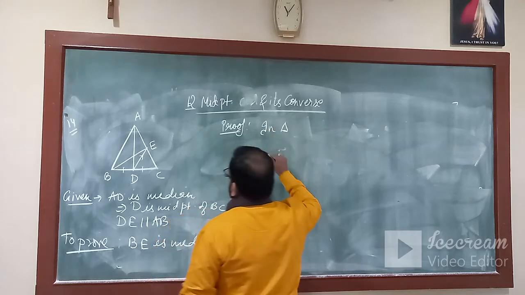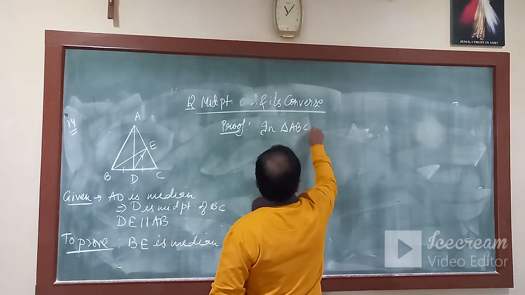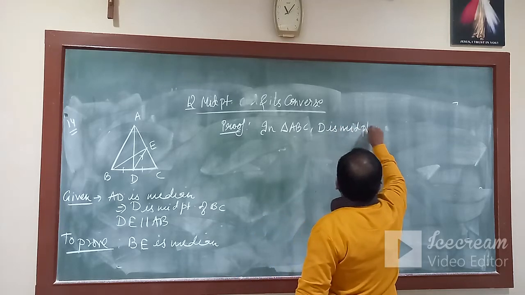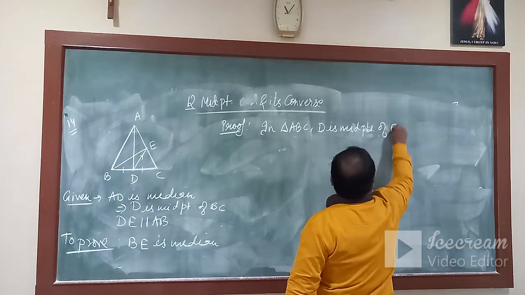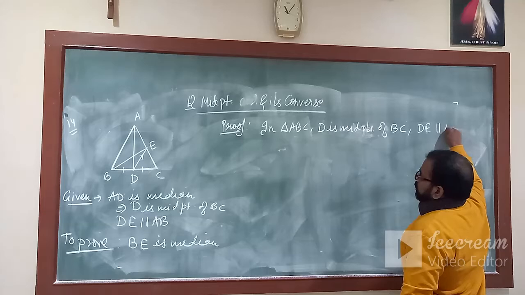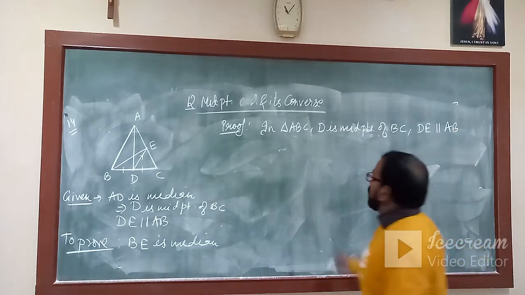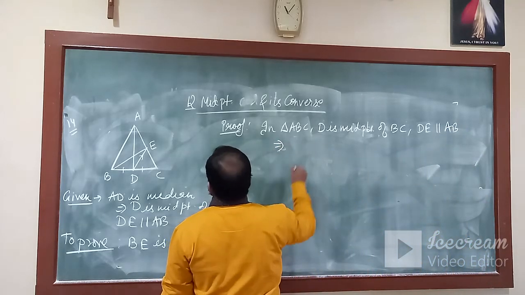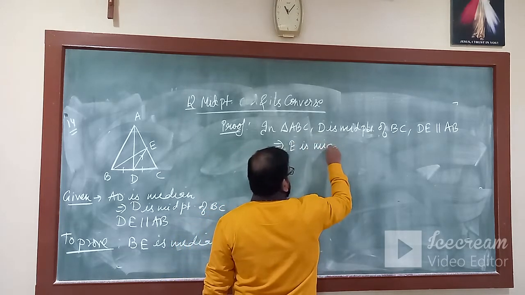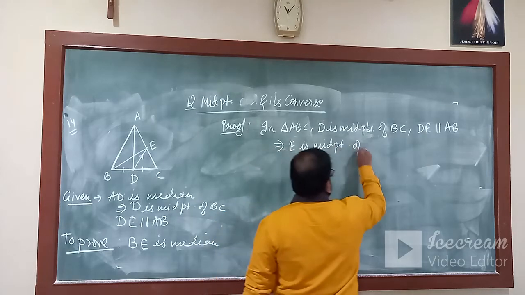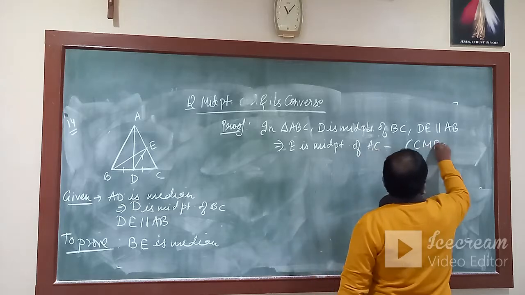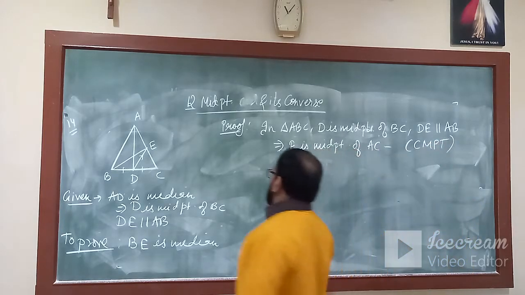In triangle ABC, we know that D is midpoint of BC and DE parallel to AB. So that means E is midpoint of AC by the converse of midpoint theorem.